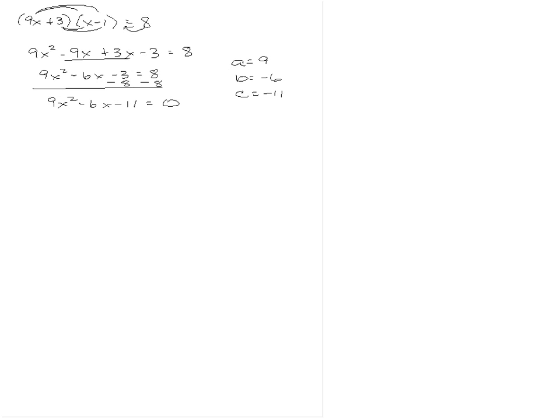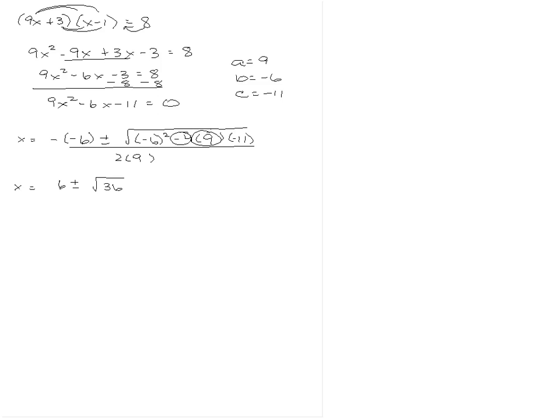So, x equals the opposite of b plus or minus the square root of b squared minus 4 times a times c all over 2 times a. So I get 6 plus or minus the square root of 36.